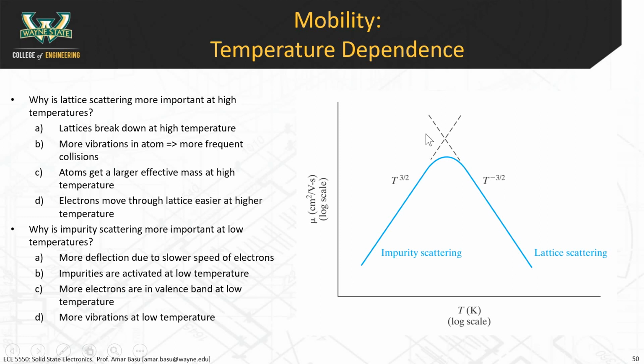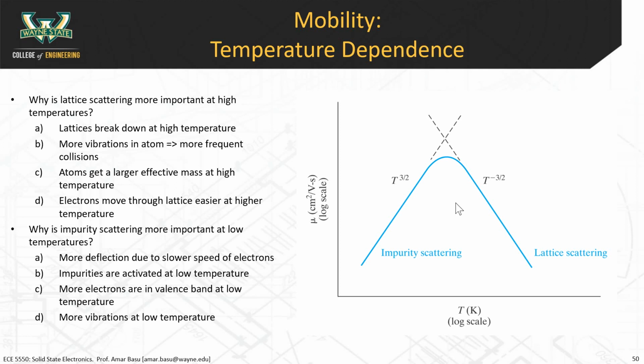So there is a sweet spot where you'll get the highest mobilities for your semiconductor device. The way this has implications in the real world is that suppose Intel makes a microprocessor, and they give you a spec that this microprocessor only operates in this temperature range.